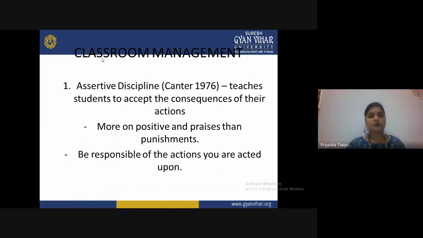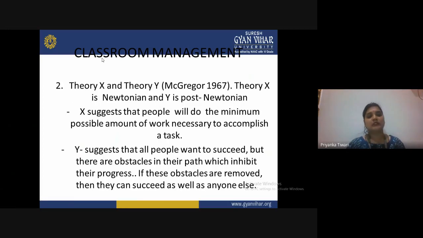In classroom management, assertive discipline requires that we teach students to accept the consequences of their actions, focus more on positive reinforcement and praise than on punishment, and be responsible for their actions. Then theory X and theory Y. Theory X is Newtonian and Y is post-Newtonian.